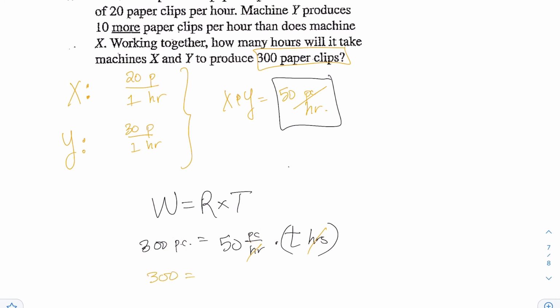That means the equation is 300 equals 50t. If you divide both sides by 50, you get that the time will be 6 hours. So again, the key is using the work equals rate times time formula, which is a variation of the distance equals rate times time formula.